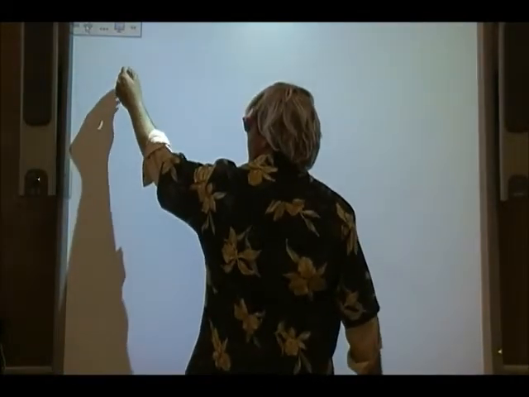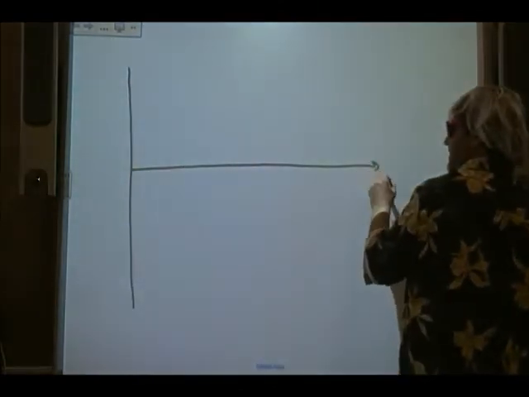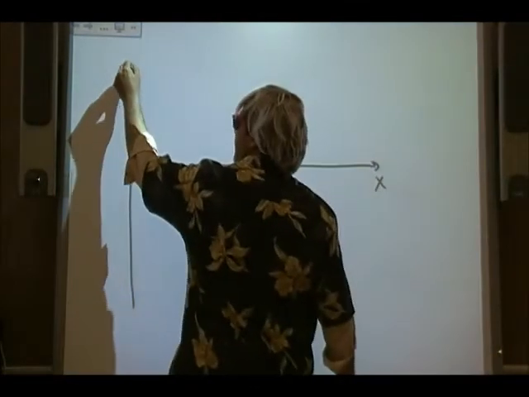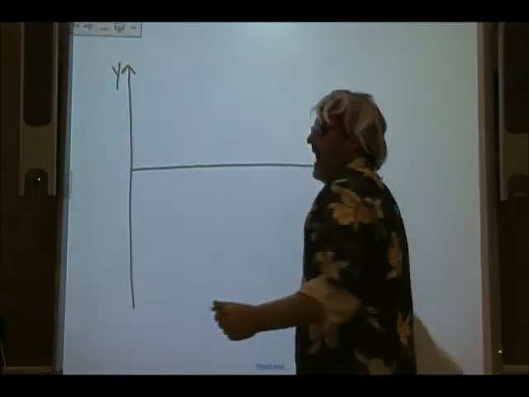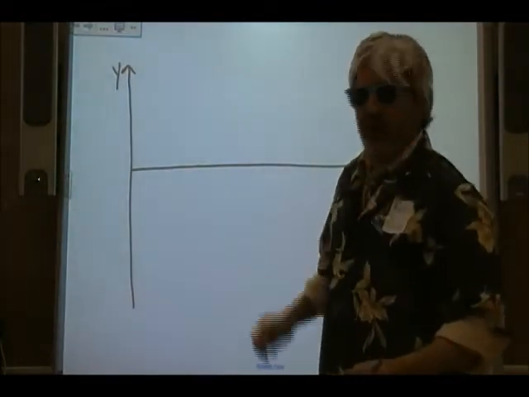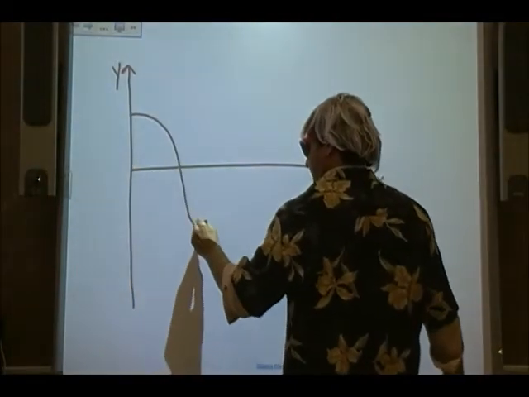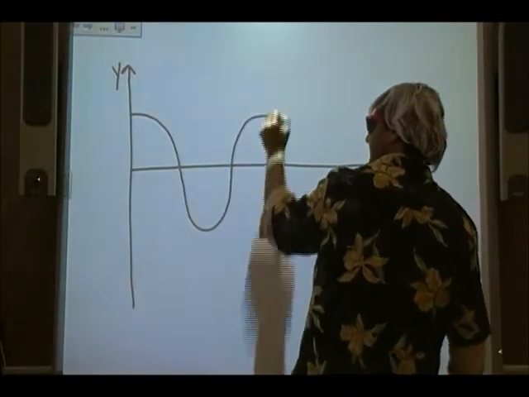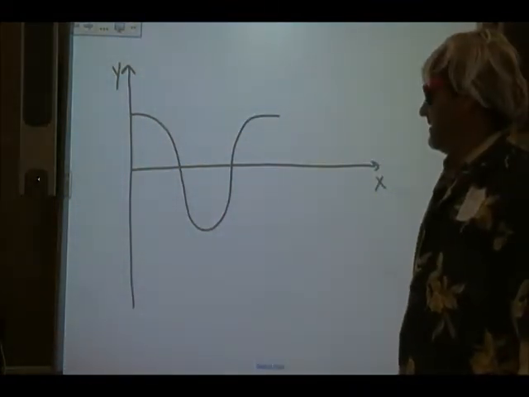Start here and make a line. This would be my x, this would be the y, and I'm just doing one part of it. It goes like that. Nice and simple. There it is.